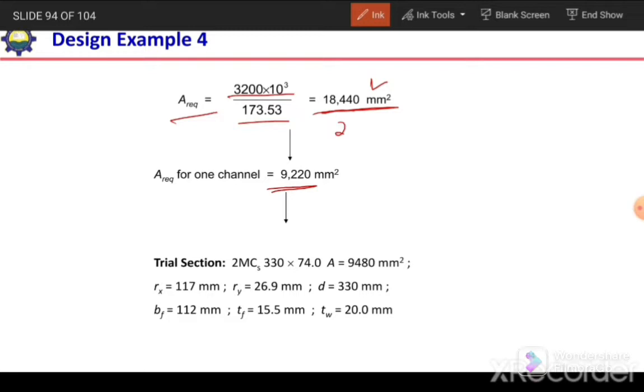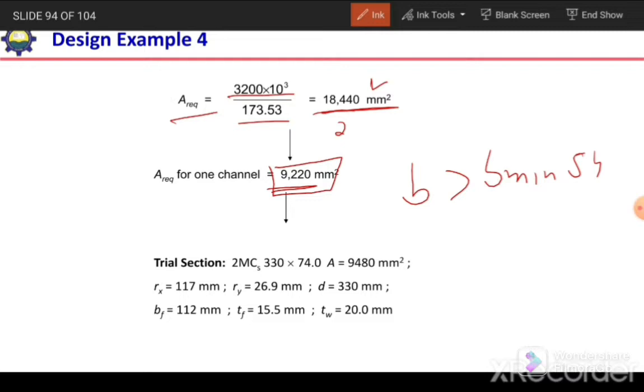Now we need to select the section from the properties table such that a single channel section has area close to this 9220 millimeter squared. Its B should be more than B minimum, meaning 54 when one leg is connected and 15 millimeter rivets are used.